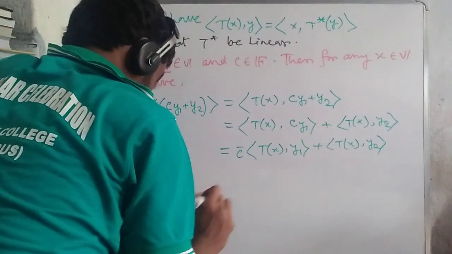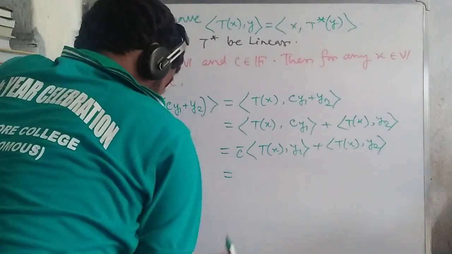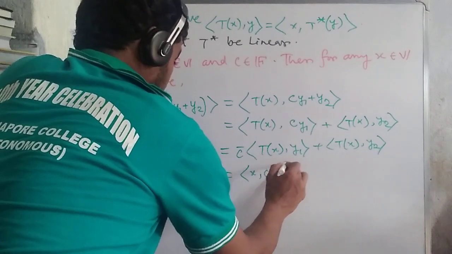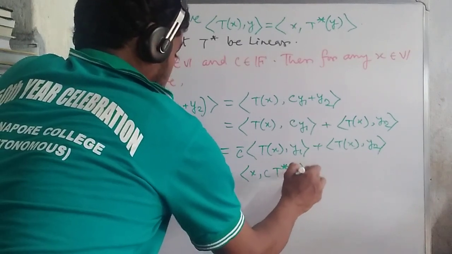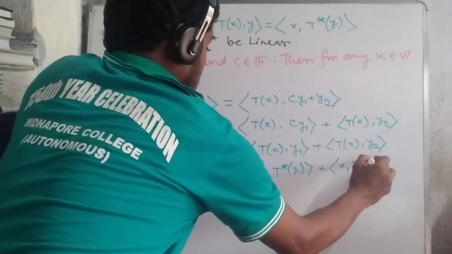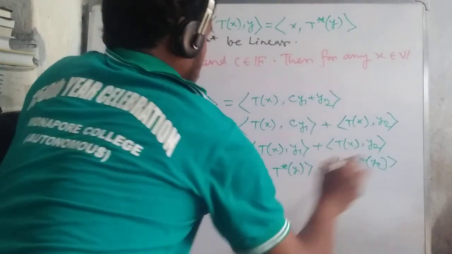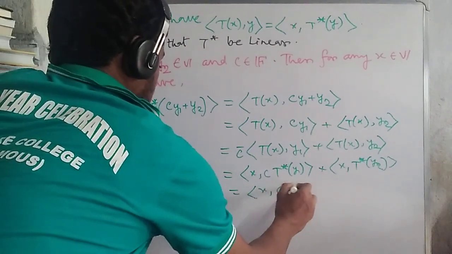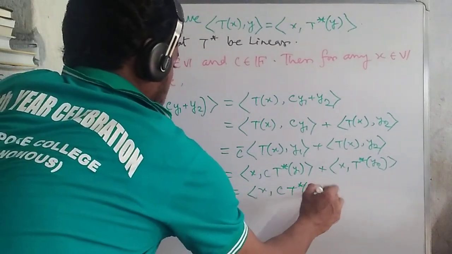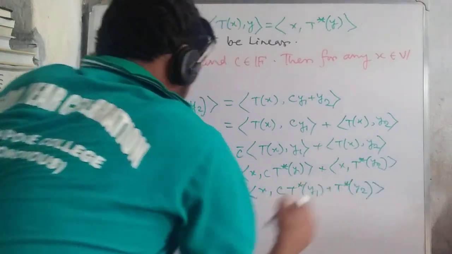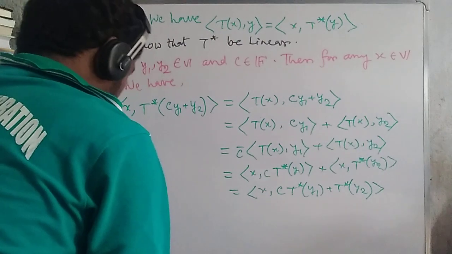Then this is c conjugate ⟨x, T*(y1)⟩ + ⟨x, T*(y2)⟩, which equals ⟨x, cT*(y1) + T*(y2)⟩.